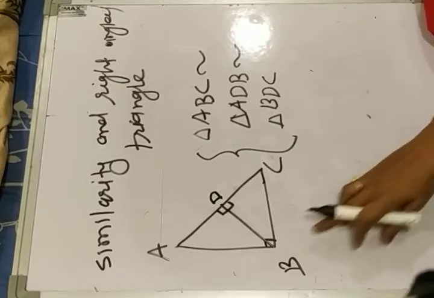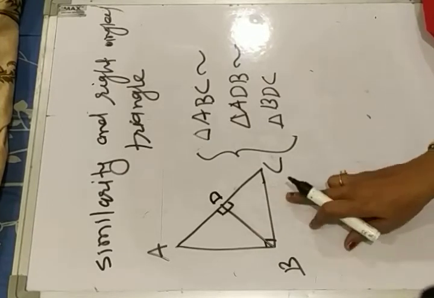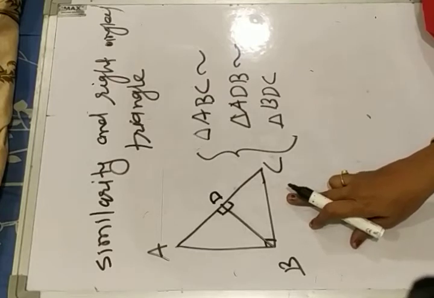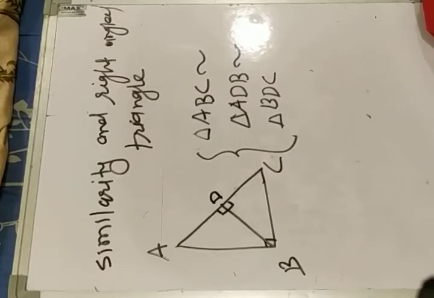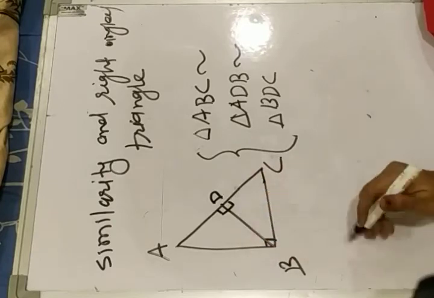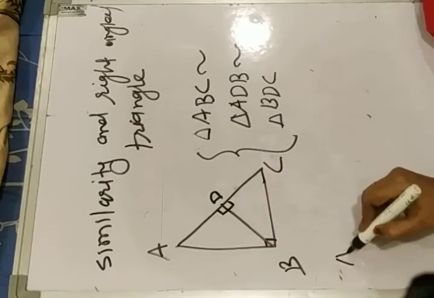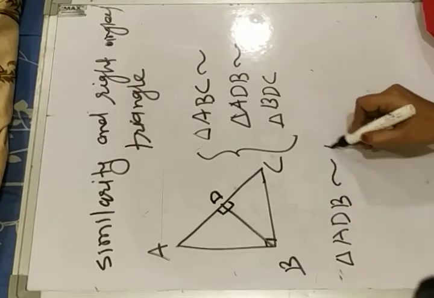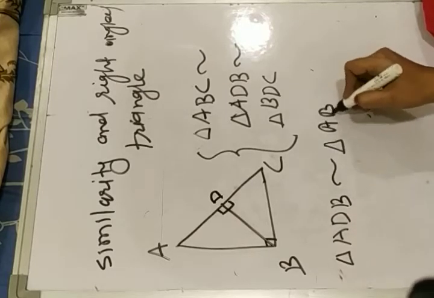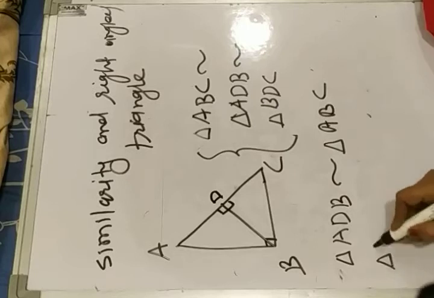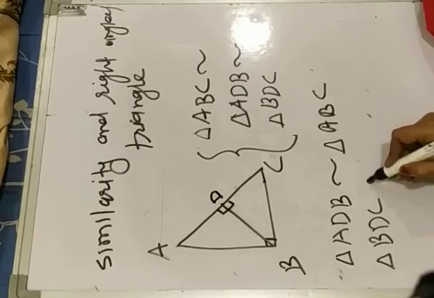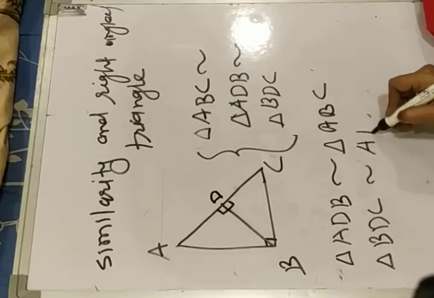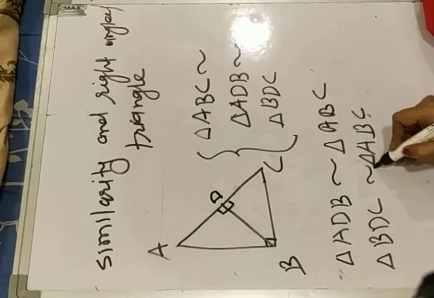Means triangle ADB is similar to triangle ABC, and triangle BDC is similar to triangle ABC.